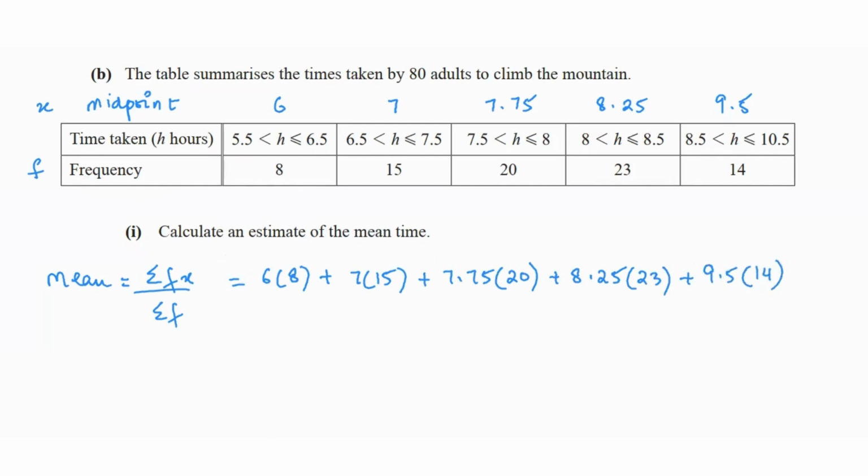And this entire thing is going to be divided by the total frequency, which is 80. Should give us the mean value of 7.88 correct to 2 decimal places.